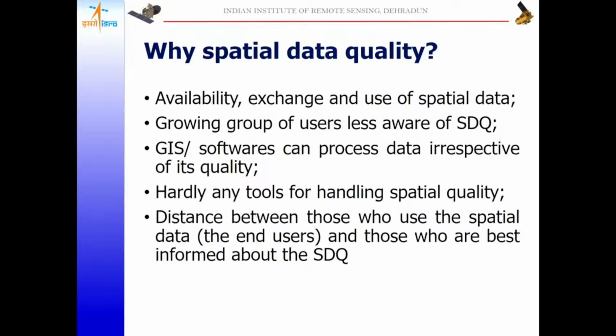And then there is the distance between those who use the spatial data and those who are best informed about spatial data quality. This is also one reason why quality assessment is important. The people who are much aware of spatial data quality may not be giving the output to the concerned users, and those agencies working for the users may not be aware of the quality.